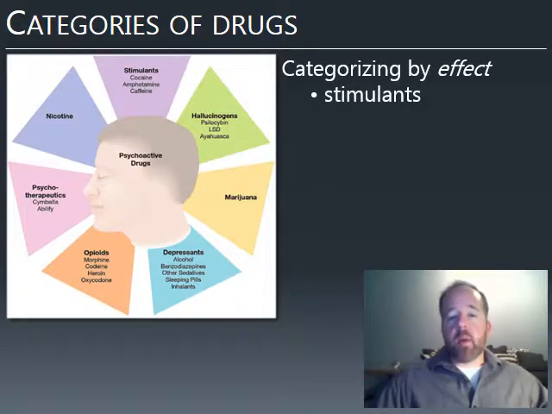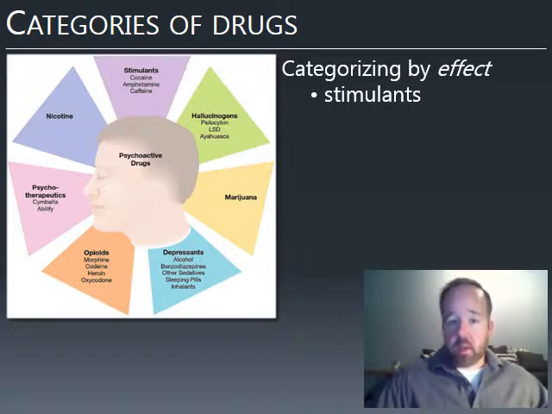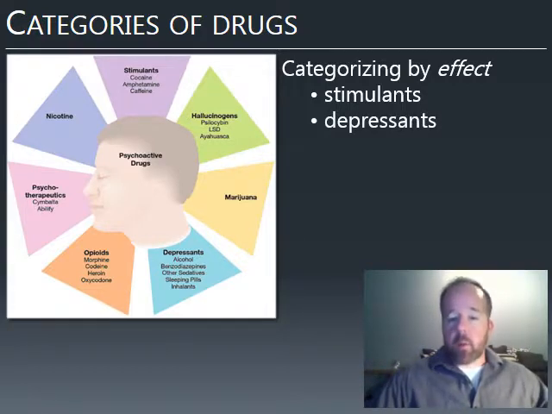And if we do that, we come up with a variety of categories. So your book here has 7, and these are 7 pretty common categories. There are the stimulants that increase excitability, increase wakefulness, alertness. These are things like cocaine, which is not legal, and caffeine, which is. There are depressants, and these really have a wide variety of forms, chemically speaking.